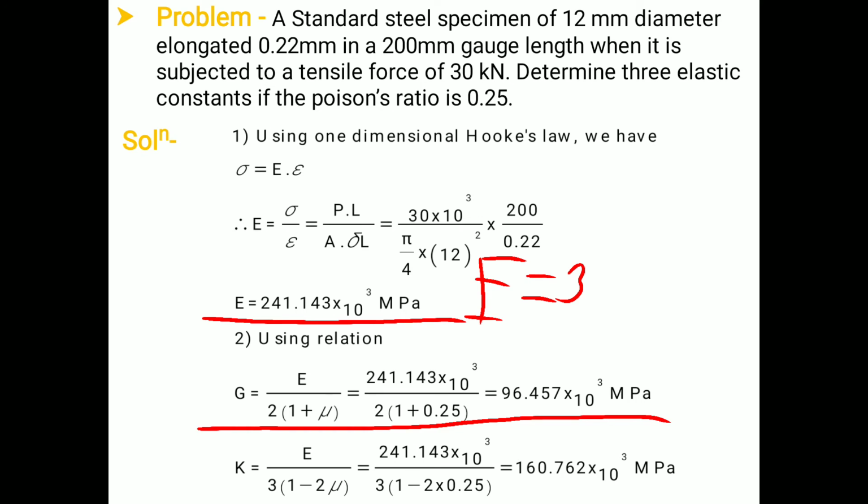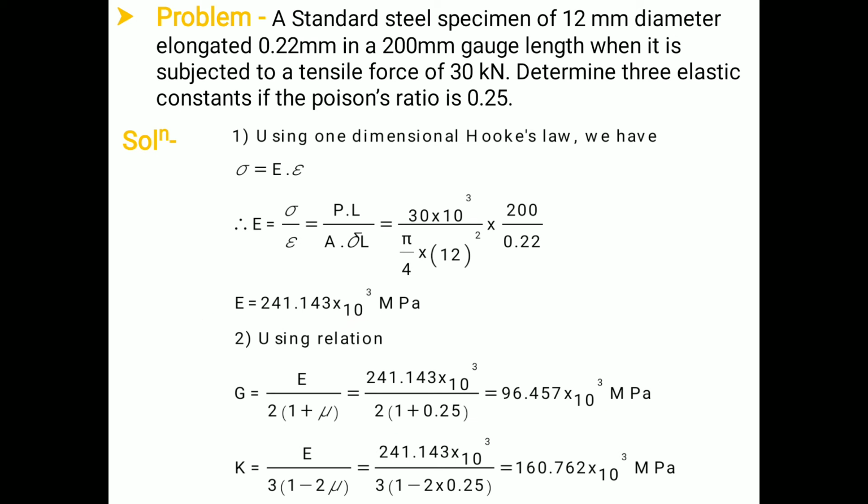Putting in the values, I have 241.143 into 10 raised to 3 divided by 3 into 1 minus twice mu. After solving it, the final value of K is 160.762 into 10 raised to 3 megapascal, or Newton per mm square also.